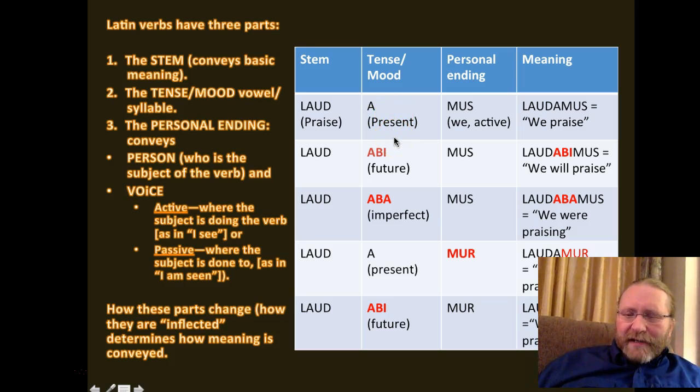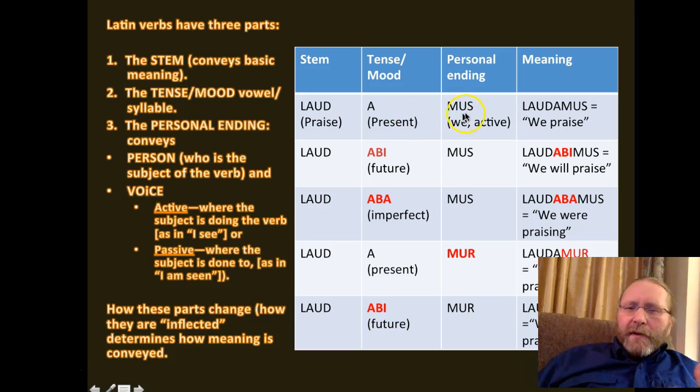Depending on what the vowel or the syllable is, this tells somebody who's listening to somebody speak in Latin when the verb occurs. So laudamus means we praise. And if you change the middle part here from a to abi, like laudabimus, this will put it into the future. If you change the middle part to laudabamus, it will put it into the past in what is called the imperfect tense.